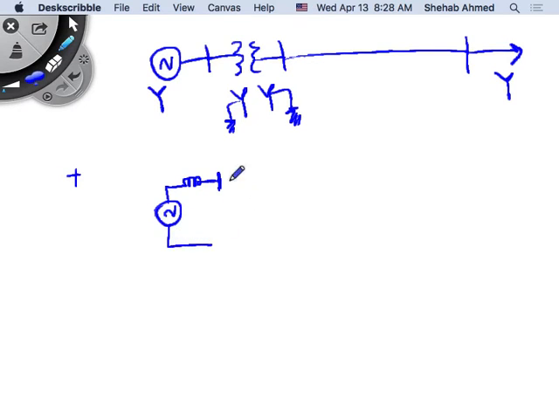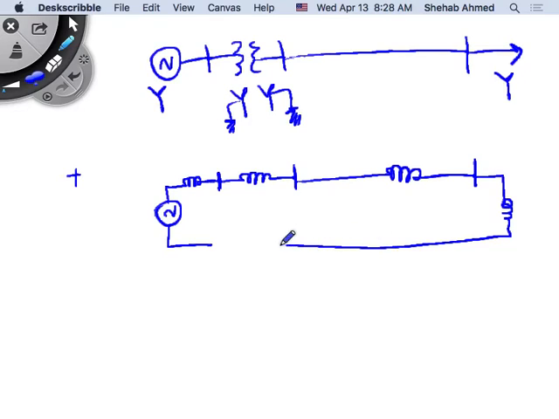For the transformer, if I give you the per unit impedance, then you put the per unit impedance in series, or if I tell you to ignore the series impedance, it's a short circuit. Transmission line, same thing, impedance, and load, same thing, impedance, or RL if I give you the power factor, for example. But assume it's just a reactive load for now. Then this is the positive sequence circuit.